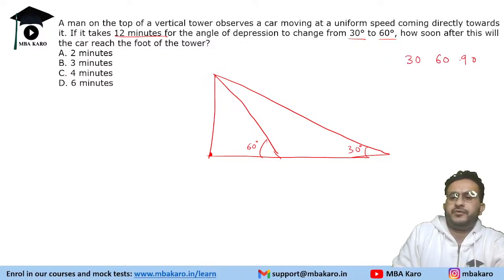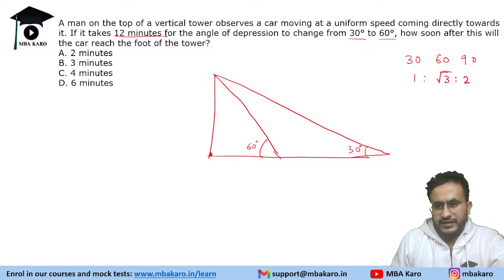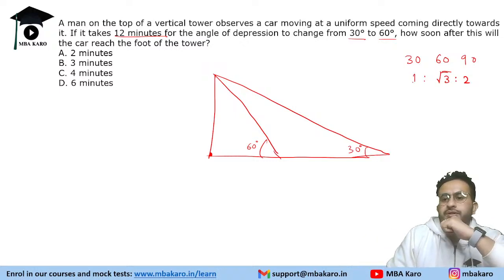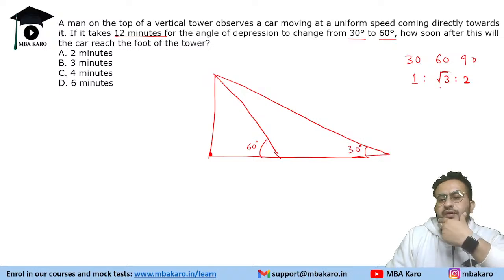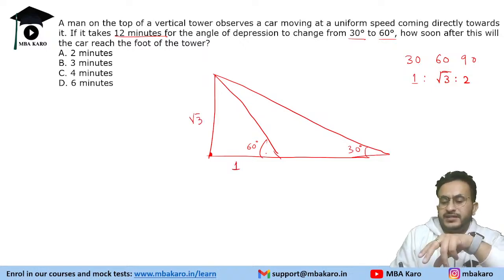We will solve a few questions on heights and distances, and you can watch my previous video on heights and distances. You will find it in SNAP Success 2022. There we discuss different varieties of questions. In the triangle, the sides are in the ratio 1 : root 3 : 2. If this side is 1, this will be root 3 in this triangle.